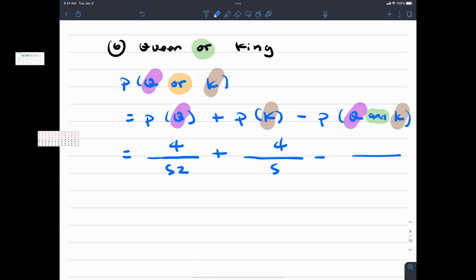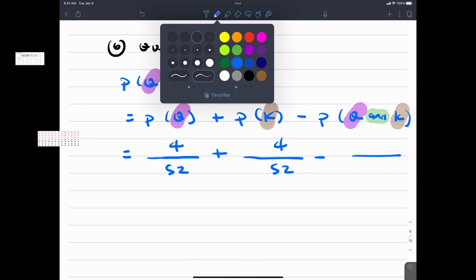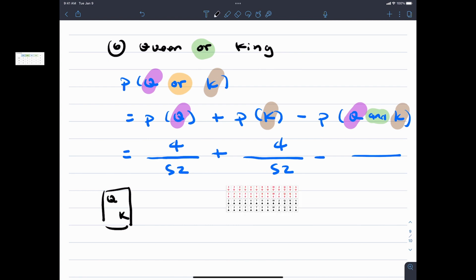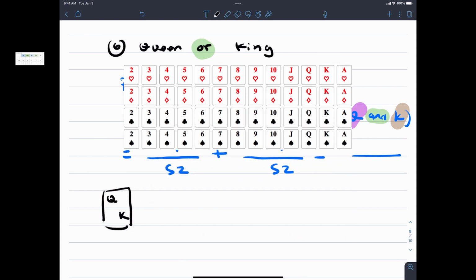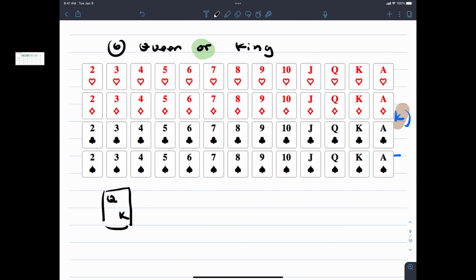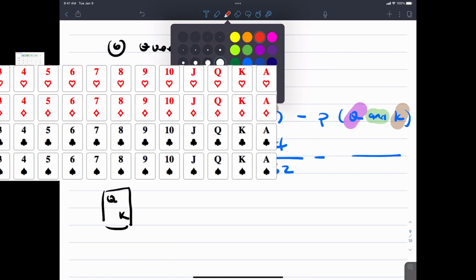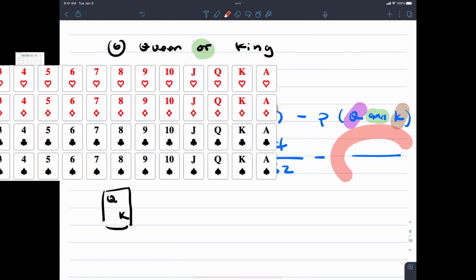We have to have a card, and that card has to be both a what? A queen and a king. Are there any cards? This is the and question for the last probability.